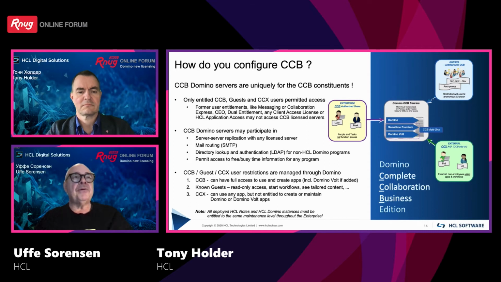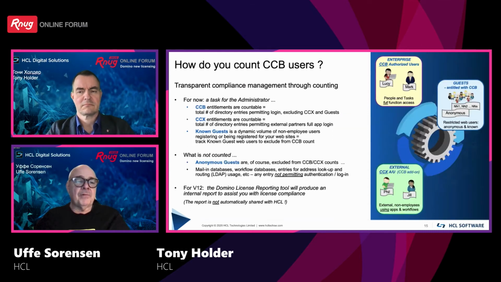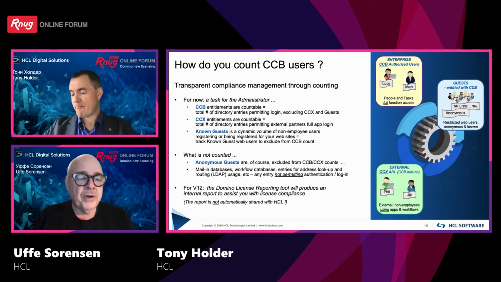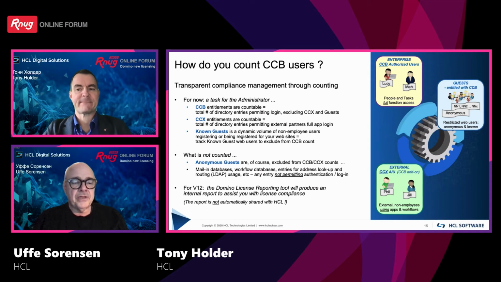Now, counting the users is very simple. That's a task for the administrator as of now. In version 12, as you heard Andrew talk about, coming in 2021, there is a Domino license reporting tool that will produce an internal report that will assist you with license compliance, because it will simply tell you how many users you have.